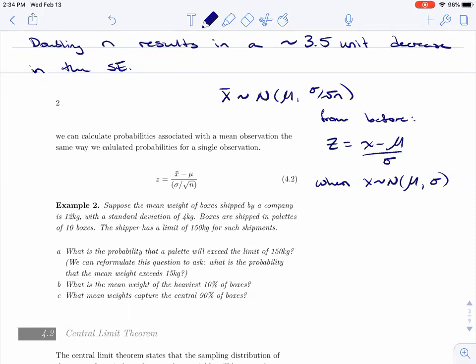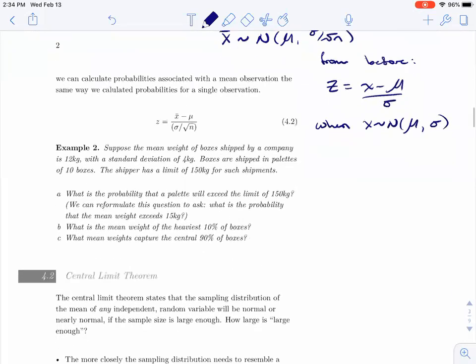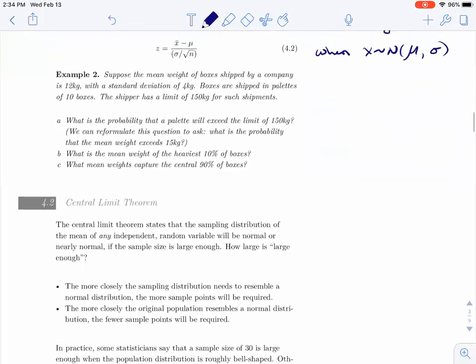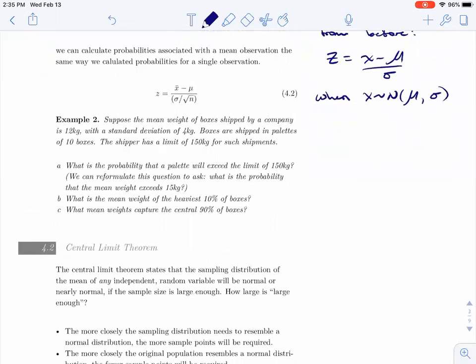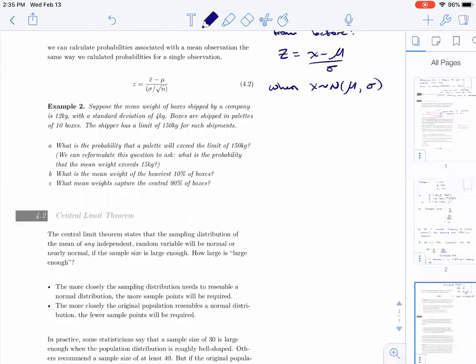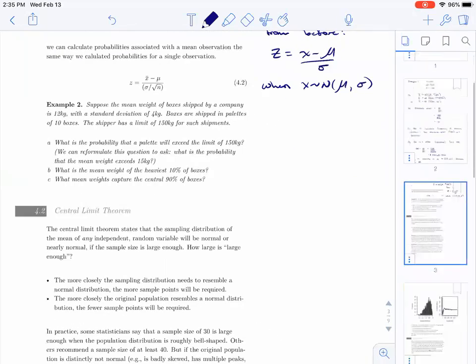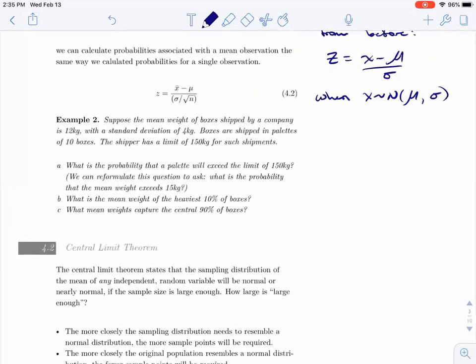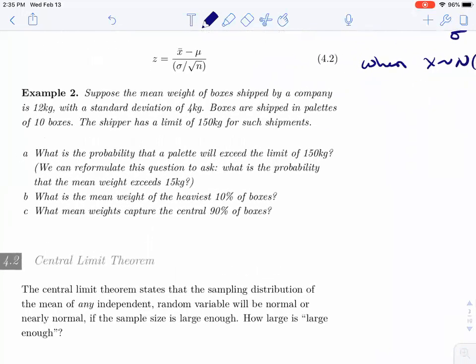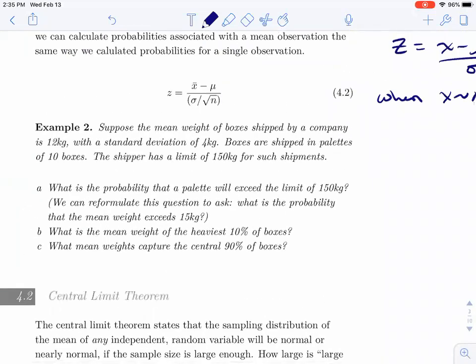So let's do example 2. Let me add a page here. Suppose the mean weight of boxes shipped by a company is 12 kilos with a standard deviation of 4 kilos.